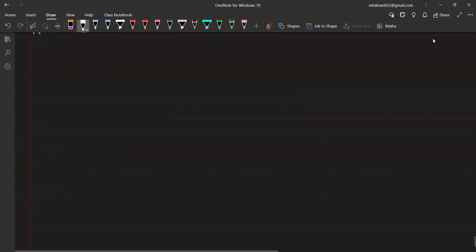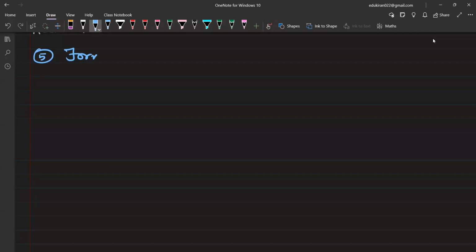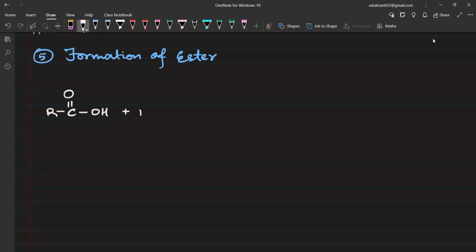See next, fifth reaction. Now all of these reactions are quite similar. Okay, now fifth reaction mein formation of ester. In formation of ester, you have R, C double bond O, OH plus any R'OH.